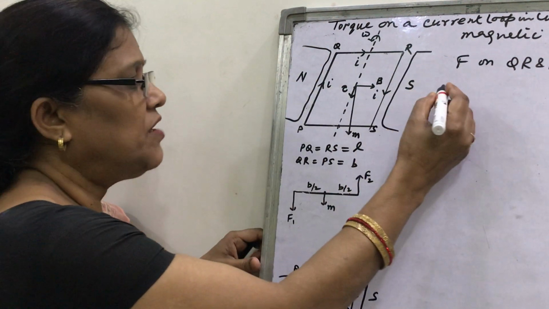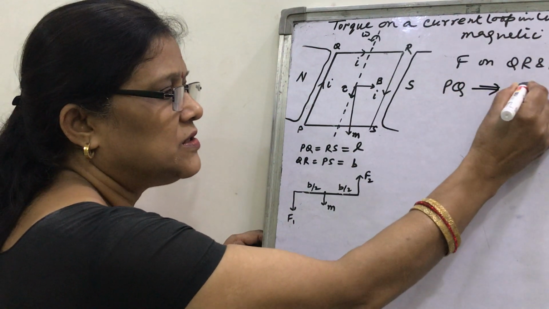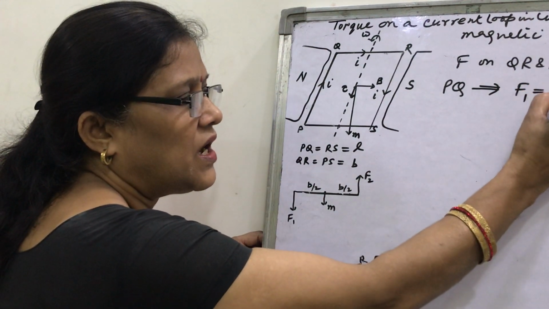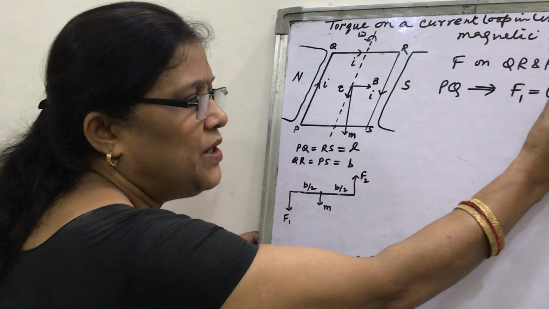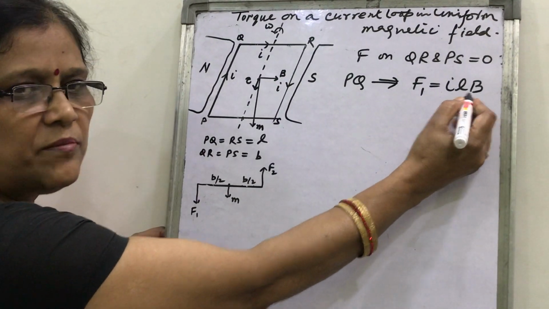So what we have seen: on the PQ arm, the force is F1 and its magnitude is ILB, where L is the length, I is the current and B is the magnetic field.